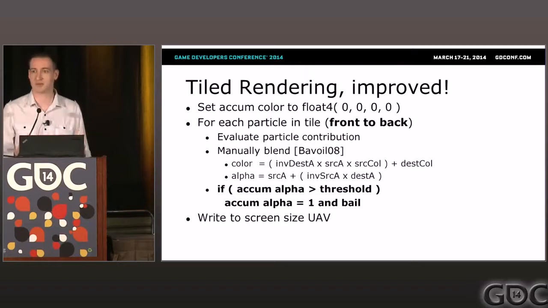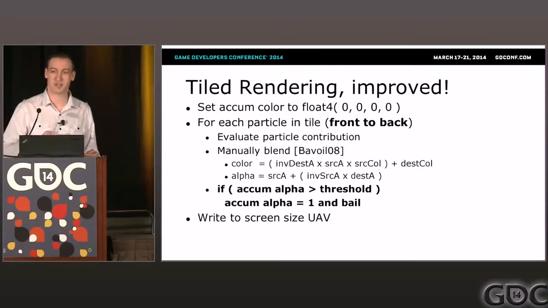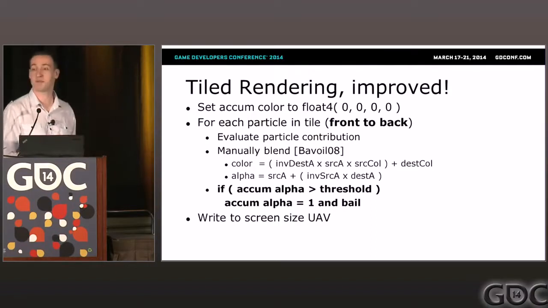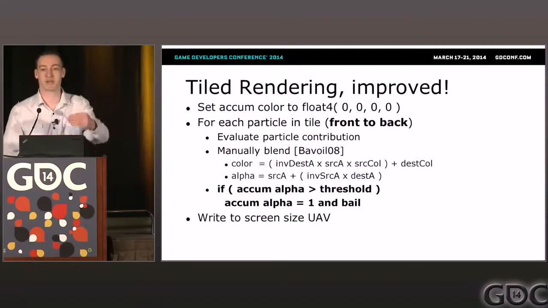The first key optimization here is, believe it or not, you can do correct blending front to back. That works; you've just got to monkey around with the color blending equation. The key thing is you're starting from the frontmost particle and working backwards.